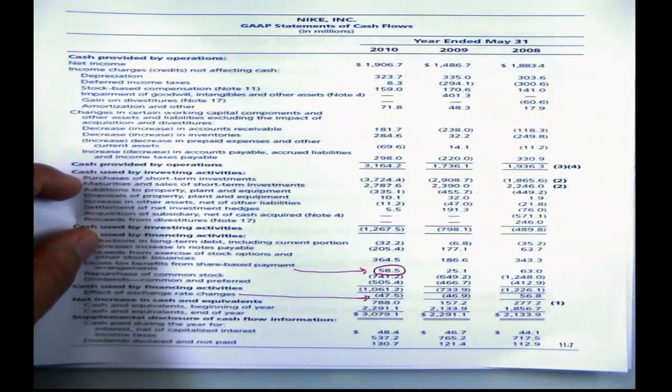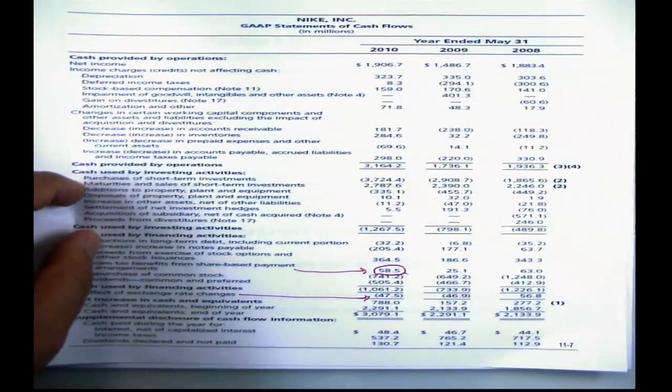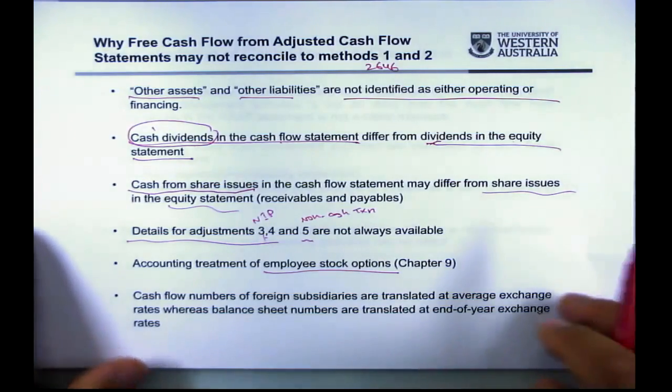You remember last lecture number 5, when we dealt with the hidden dirty surplus, the loss from exercise of options. This amount was the tax benefit from the loss arising because of the options exercised. So this loss is recognized or reported in the cash flow statement, but it didn't appear in the income statement or even the balance sheet.